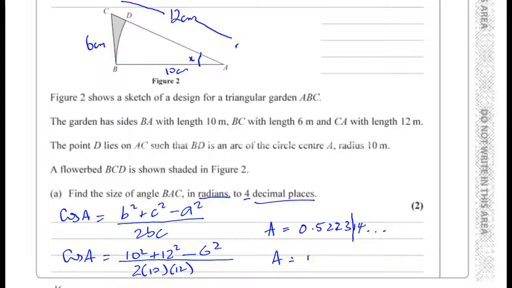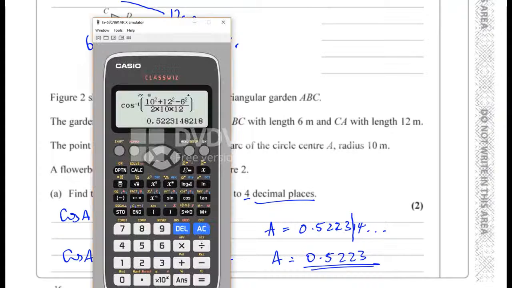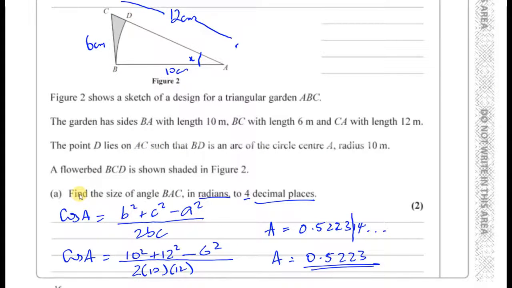So it's going to be 0.5223. That's the angle A. Now what I'm going to do in my calculator, I'm going to store angle A under A, in this memory. So if I need it again, it will be there inside my calculator. So that's part A done.